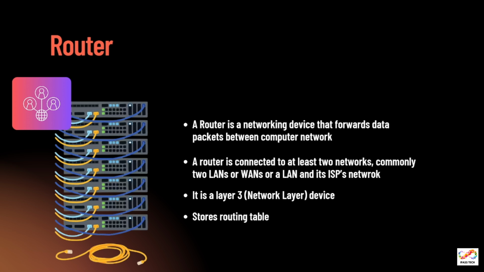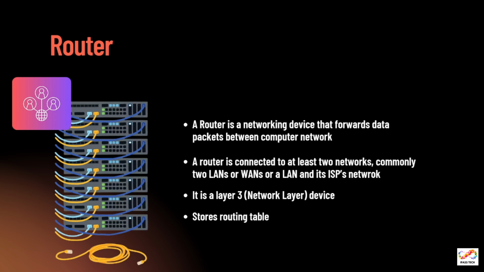So we place a router in our office. One side of the router connects to our LAN, the other side connects to the ISP. The ISP provides internet connectivity, and the router helps our local area reach the internet.